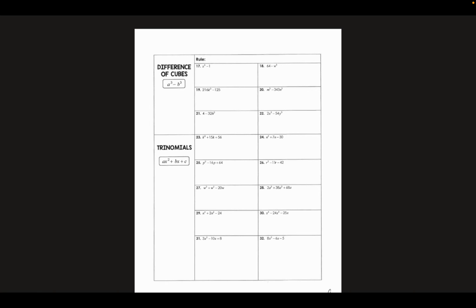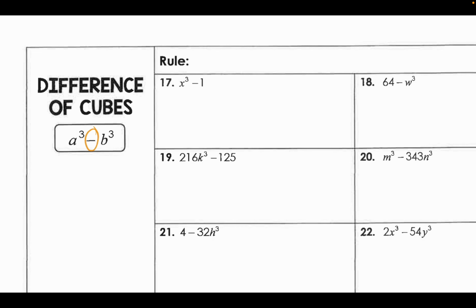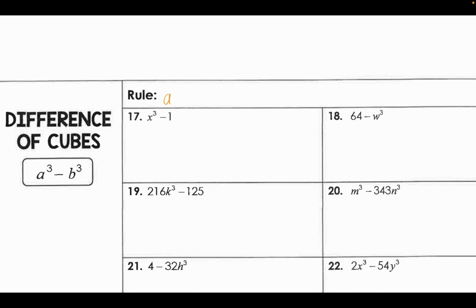Moving on to difference of cubes. This is very similar to the sum of cubes, except for now we see that it's a difference instead. And so it changes the rule ever so slightly, to where now this will factor into a minus b instead of a plus b. And then in our next parenthesis, it's a squared plus ab plus b squared. So you'll notice these two signs just swapped.